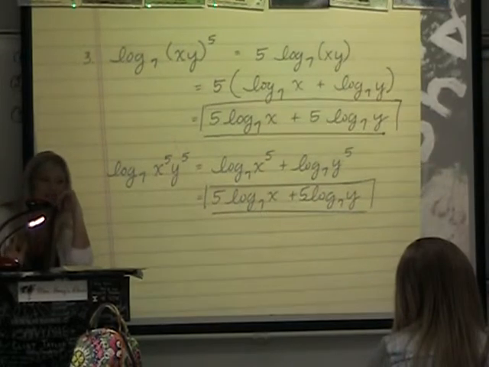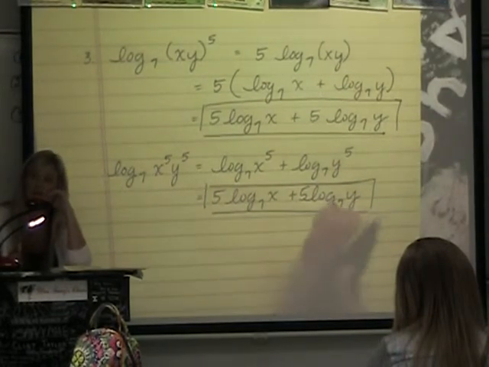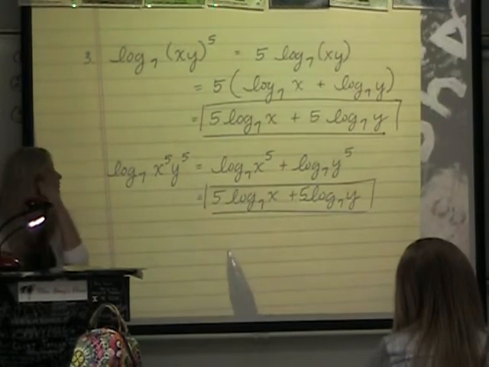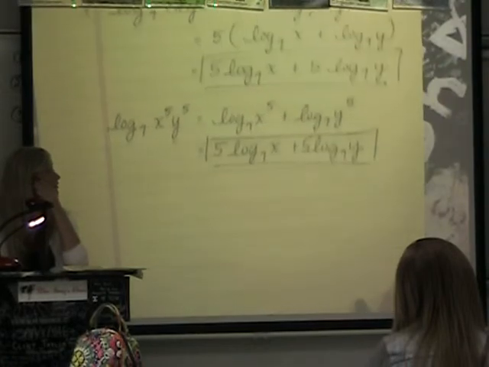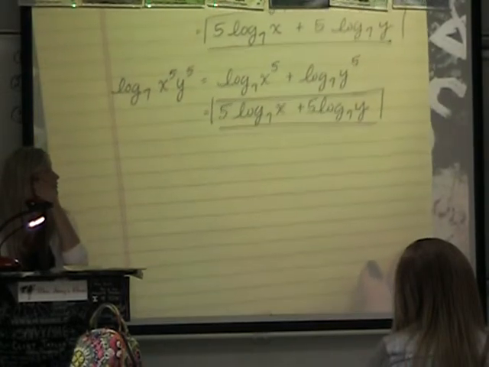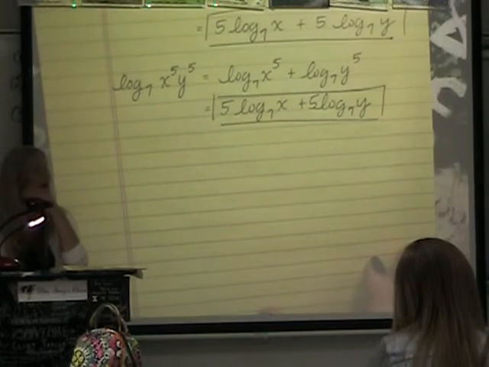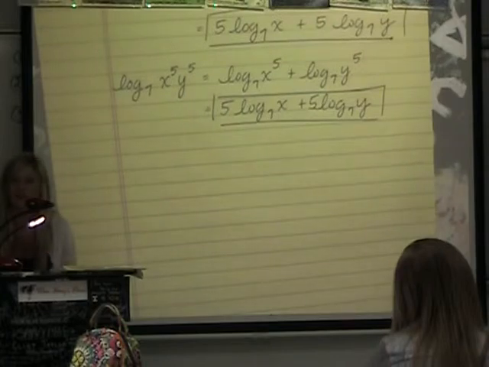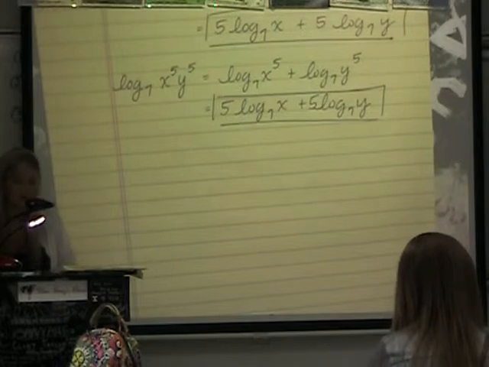So if you skip steps, make sure you're very, very careful. These are some smaller problems; they will get more complex, and as they get more complex, the need for more steps will be greater, I think.